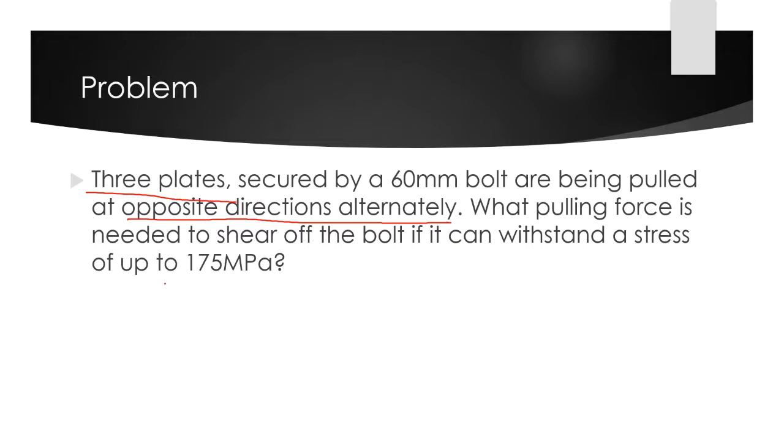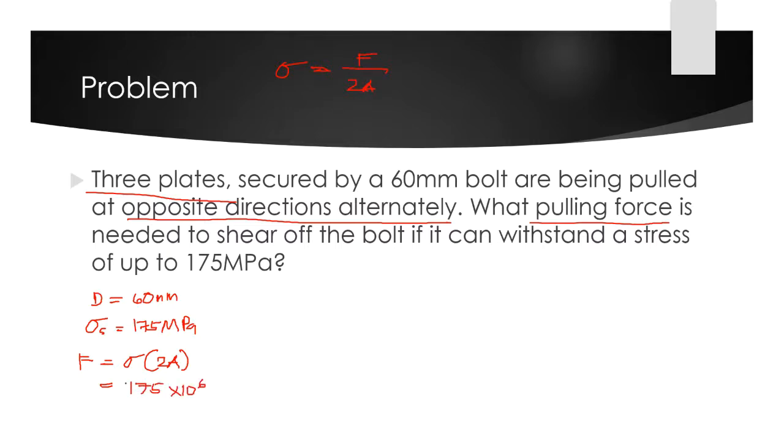So we have the diameter is 60 millimeter. We have the stress, which is 175 megapascal. So we are looking for the pulling force. So when you say pulling force, that is just equivalent to F equals stress times 2A. Okay? Because that comes from stress equals F over 2A. So we have the stress is 175 times 10 raised to 6.